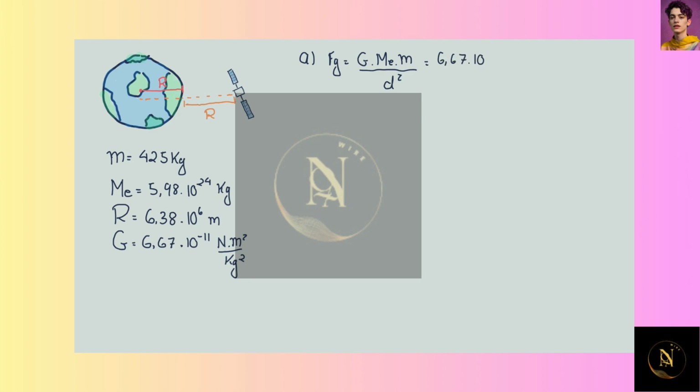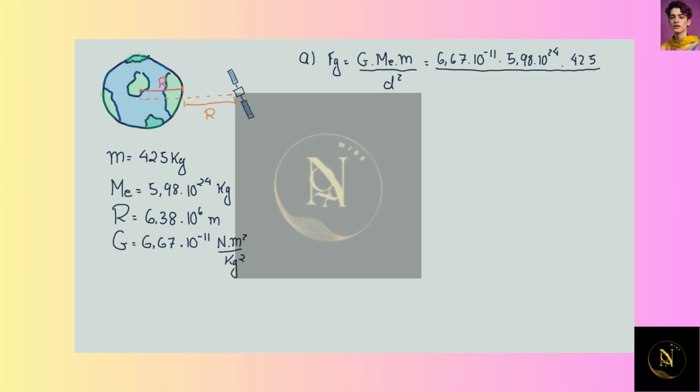6.67 times 10 to minus 11 times the mass of the Earth, which is 5.98 times 10 to 24, times the mass of the satellite, which is 425 kilograms, and this is divided by the distance in between the satellite and the center of the Earth.